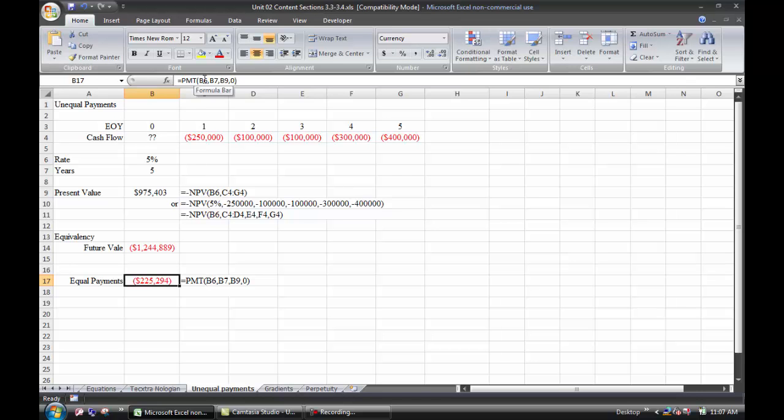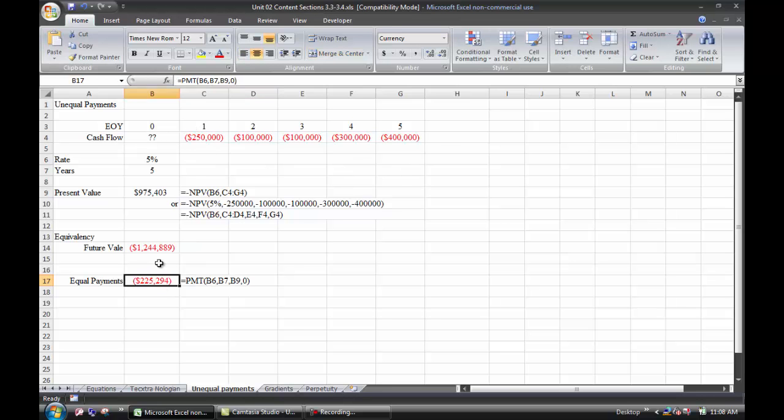The rate is B6, click here and you can see they're highlighted. The number of periods is in B7, the present value is in B9, and it says that equivalent to that up front would be $225,294 a year. It will come out the same, including the interest return.